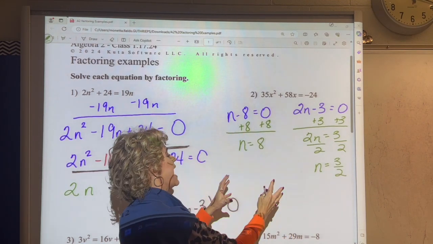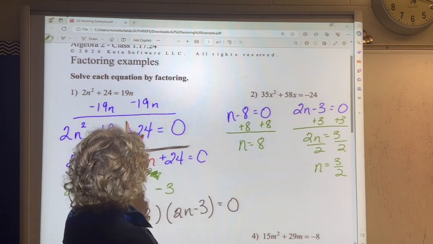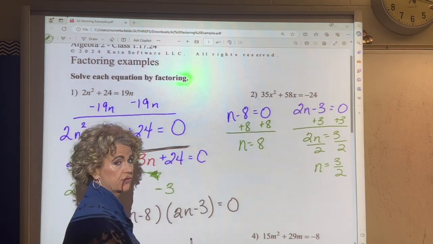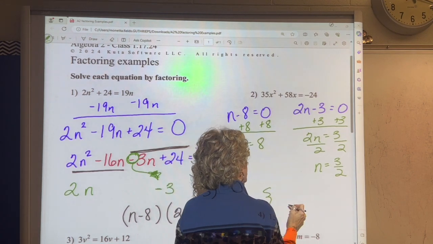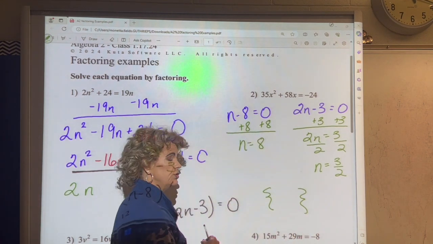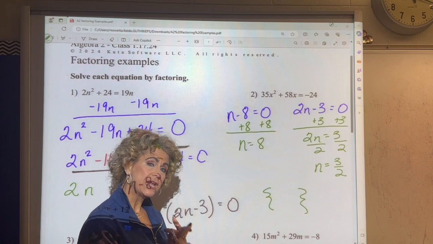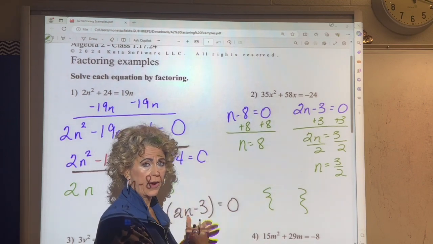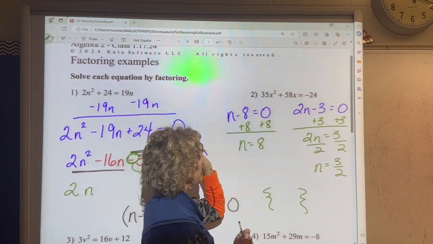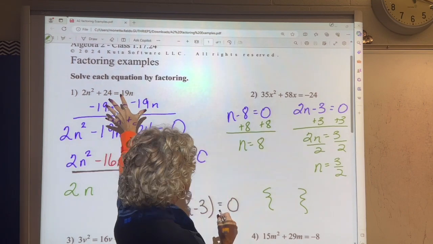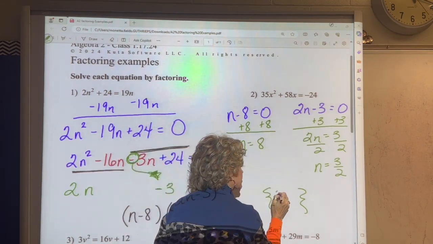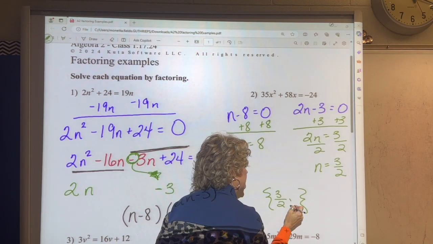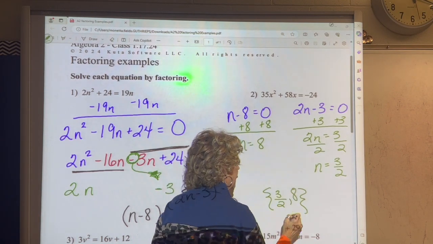So we have now solved this quadratic equation by factoring, but we have to write our answer in proper form, our solution set. Because remember, our solutions are our zeros to the equation. That means that if we were to graph this function, it is going to cross the x-axis at least 3/2 and greatest 8.